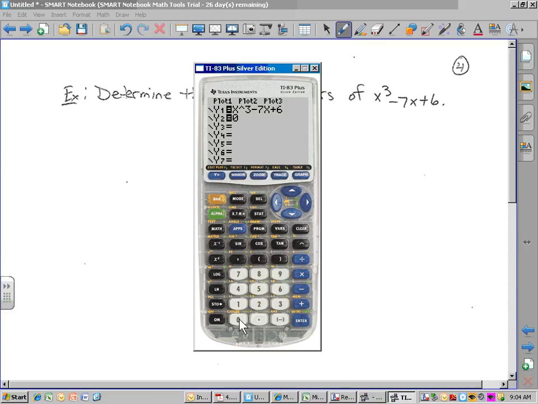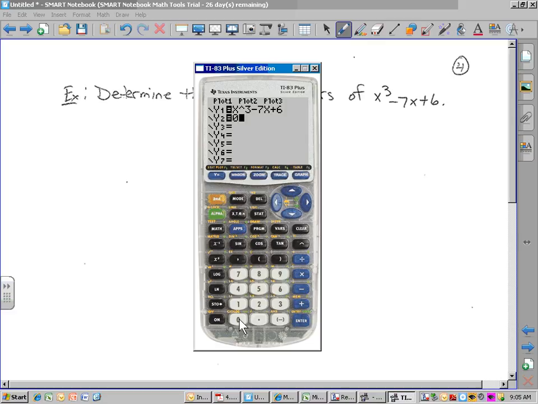And y equals 0 is putting a line on the x-axis. So when I graph these two, if I can find the intersection of the y sub 1, the graph, with the x-axis, which is what I'm saying y sub 2 equal to 0 is, then we should be able to very quickly and easily find the x-intercepts.